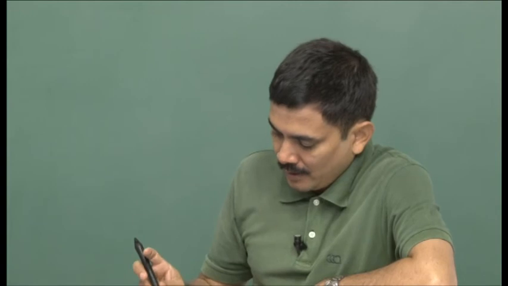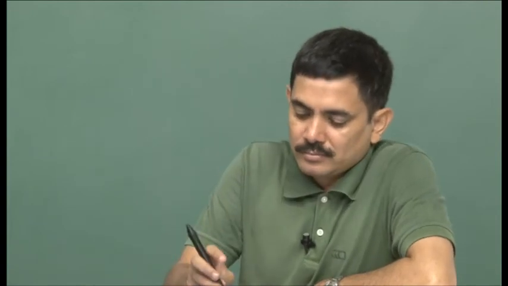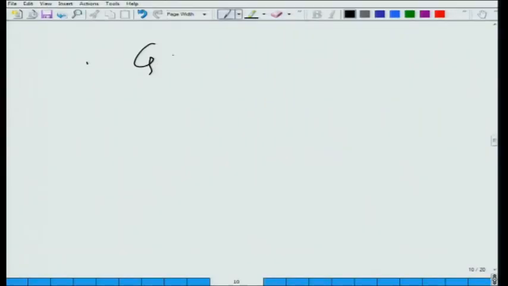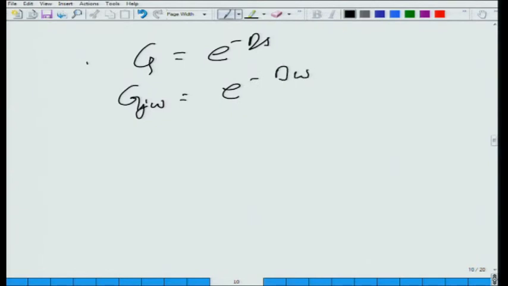Okay. Let us look at a pure dead time. So, g is equal to e to the power minus d s, then g j omega, replacing s by j omega, will be e to the power minus d omega j. What is the magnitude of this? The magnitude is 1 all the time. What is the angle? The angle is minus d omega, and as omega increases, the angle becomes more and more negative.